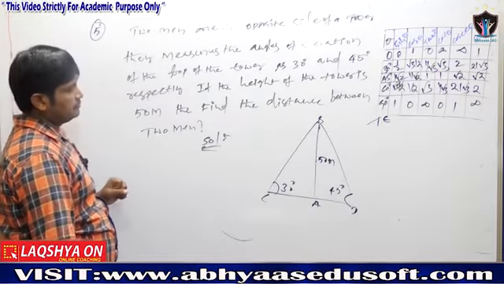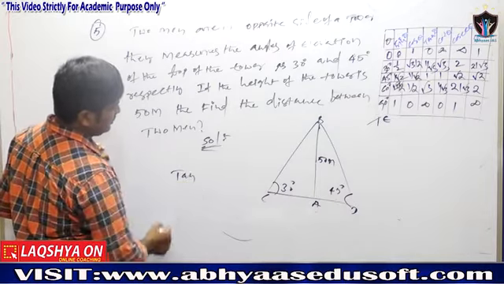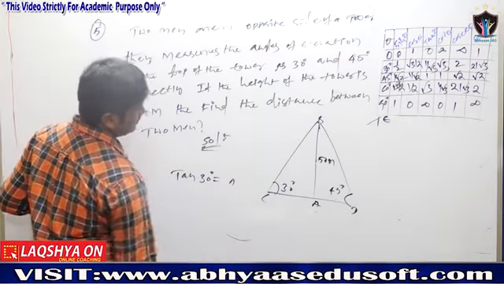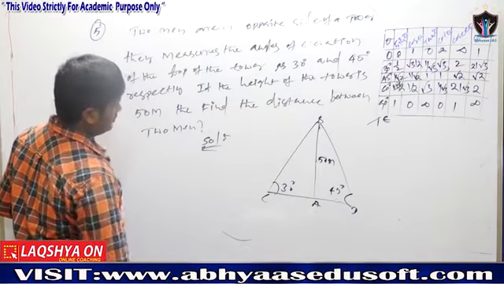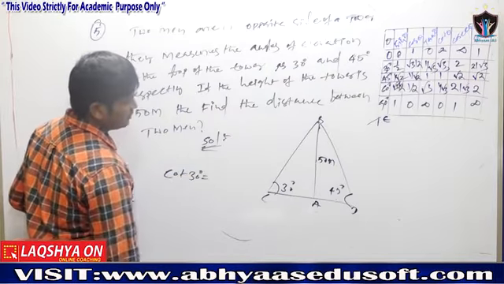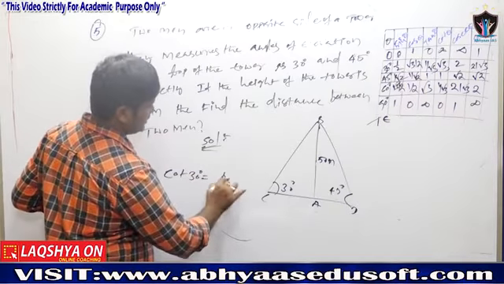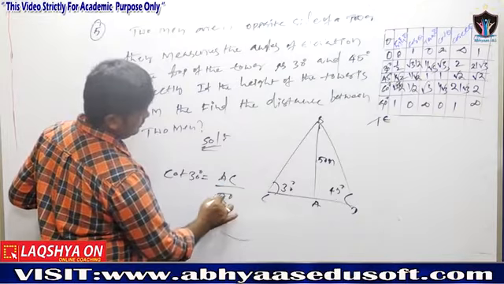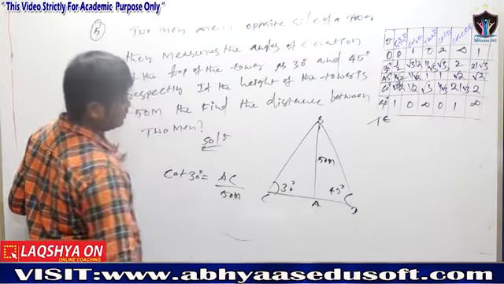First let us take cot. So cot 30 degrees is equal to base by perpendicular, that means AC by AB, and AB is 50 meters.